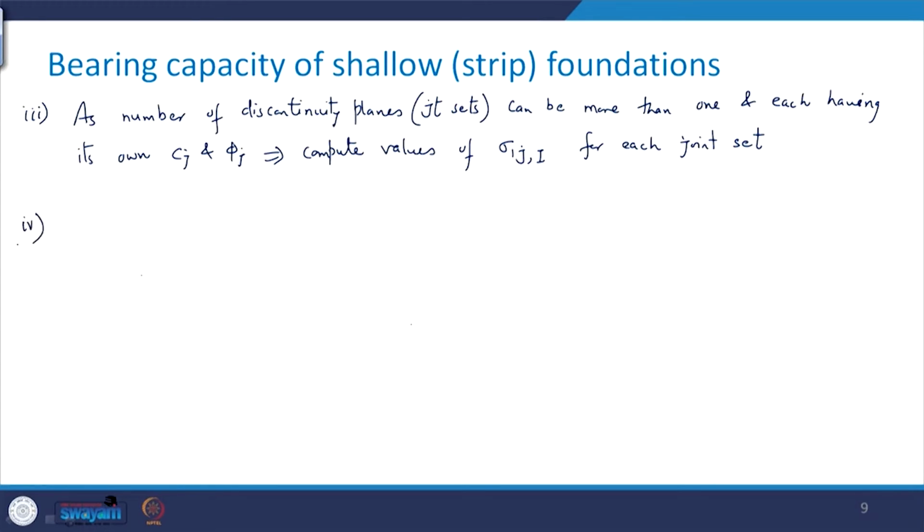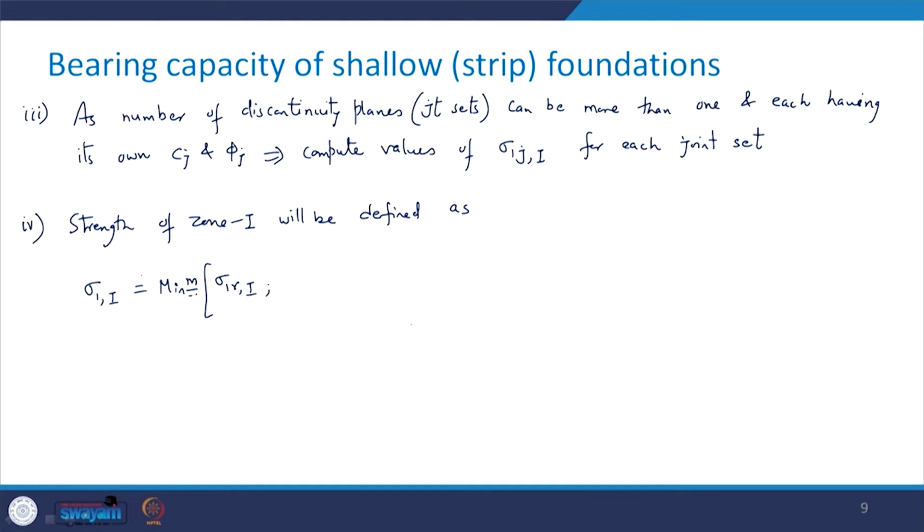And then the fourth step is that the strength of zone 1 will be defined as sigma 1 of zone 1 will be the minimum of sigma 1 r of zone 1, that means the intact rock, then sigma 1 of the first joint set in zone 1, sigma 1 of the second joint set in zone 1, and so on, sigma 1 of the ith joint set in zone 1, and so on, sigma 1 of the nth joint set in zone 1.